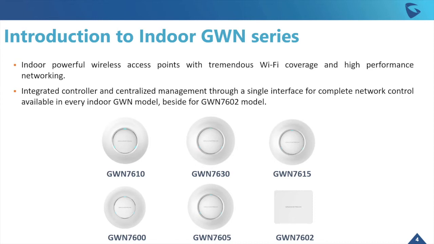So the indoor GWN models are GWN 7610, GWN 7630, GWN 7615, GWN 7600, GWN 7605, and the compact access point GWN 7602. Each of these models has different technical specifications and hardware capabilities that I will cover in the next slides. And based on these technical specifications, you get to choose the right model that fits your deployment.